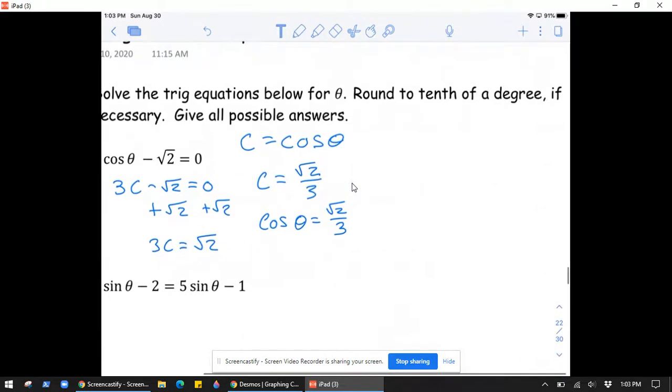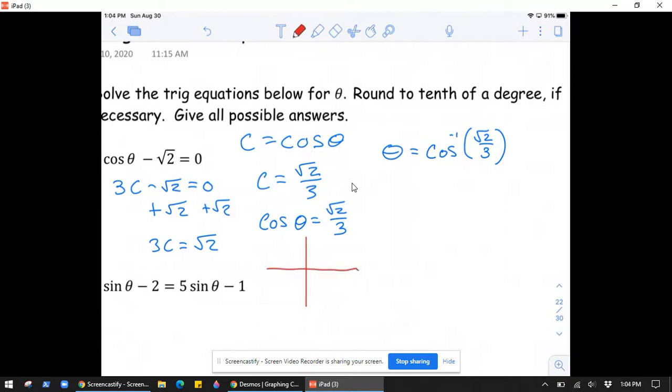Okay, so now you have to be a little careful here. Let theta be cos inverse of square root of 2 over 3. But you have to keep in mind this is not going to give you everything you want. Cosine is positive in 2 quadrants.